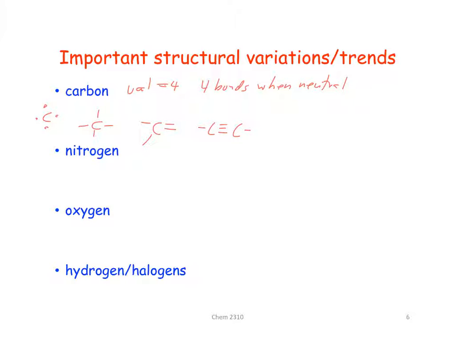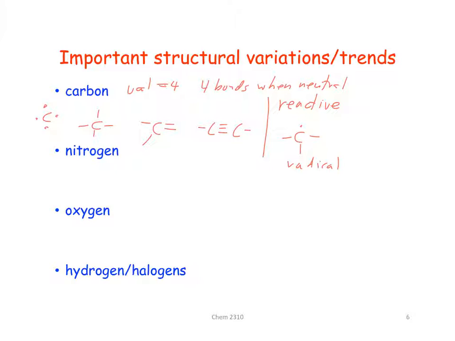There are some other situations that are more the reactive intermediates and things like this. One possibility is that we have 3 bonds with a non-bonding pair of electrons. If we have a lone electron like this, not a non-bonding pair, this is called a radical.